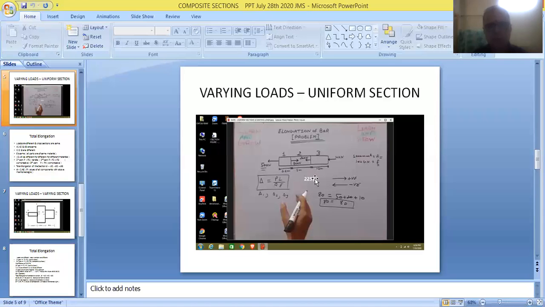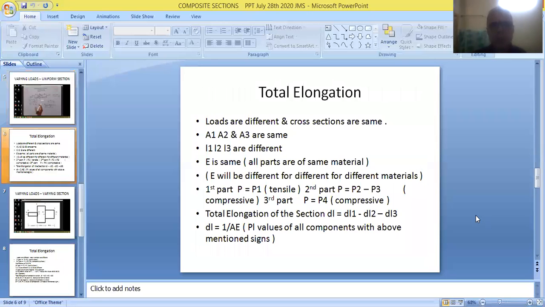So selection of P value, selection of positive and negative symbols, very, very important, and lengths of the things are given. The area is also given. It is uniform. Lengths are different. So with all these things, definitely you will be in a position to frame the equations.